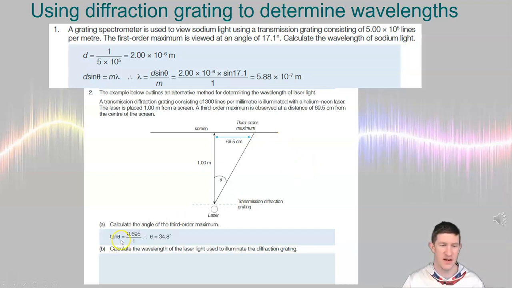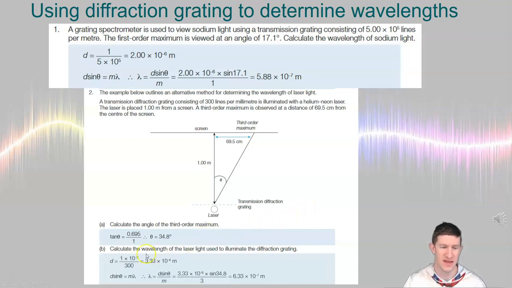To do that, I do a bit of trigonometry here. I know this length, I know the distance here, and I want the angle, so I can use tan theta, opposite over adjacent, and I get 0.695 divided by 1. Remember, we want meters, so they both need to be in meters. 34.8 degrees. That's the angle of my third order maxima.